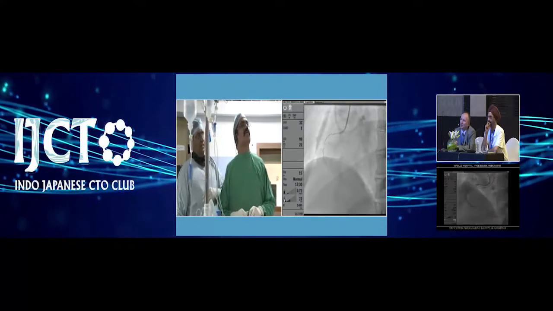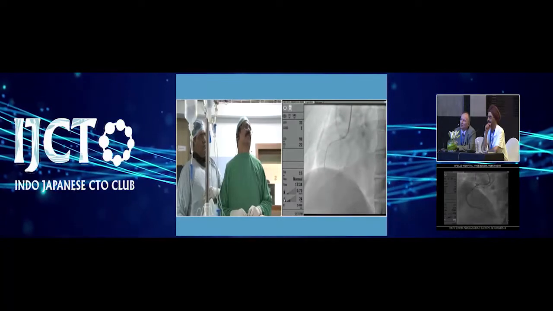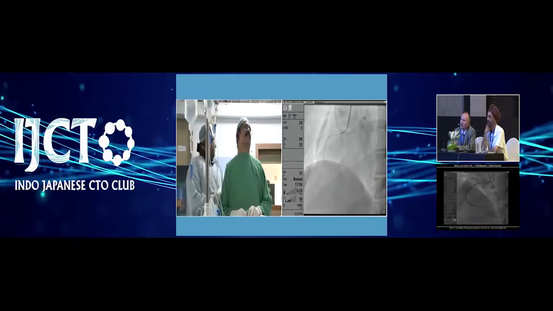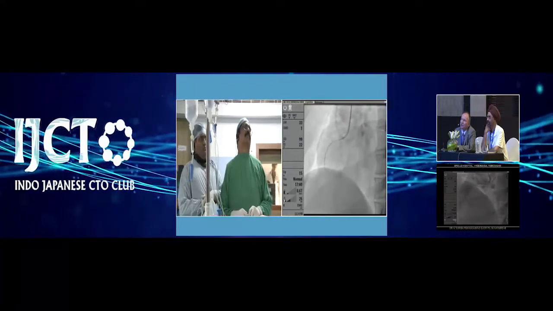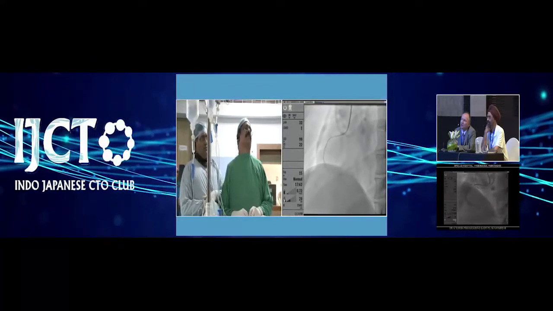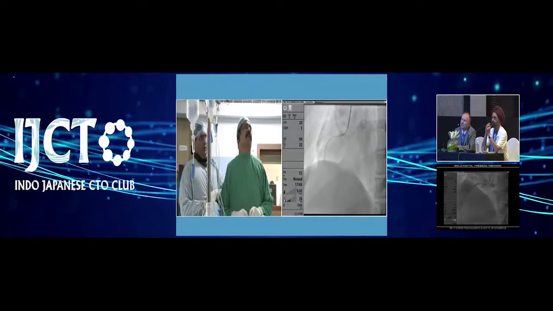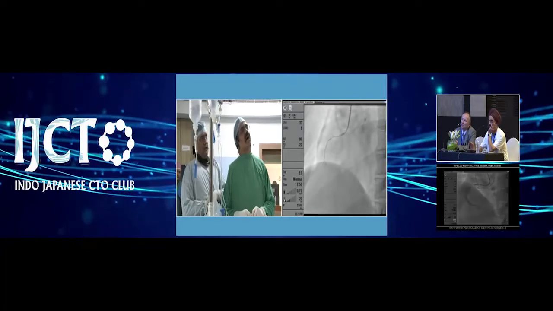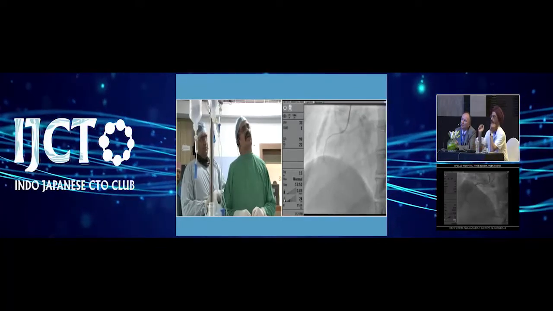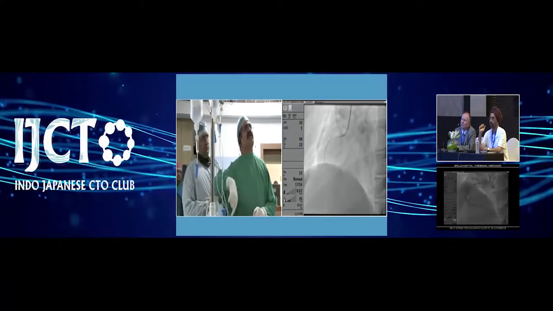Possibly we can exchange this with a balloon. So you will remove the Fine Cross now? My personal opinion is two things. One is you can remove the Fine Cross, take a 1.25 balloon and dilate, or take a Corsair down and create a channel.